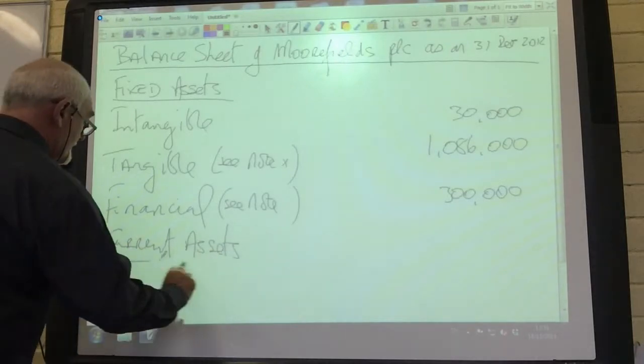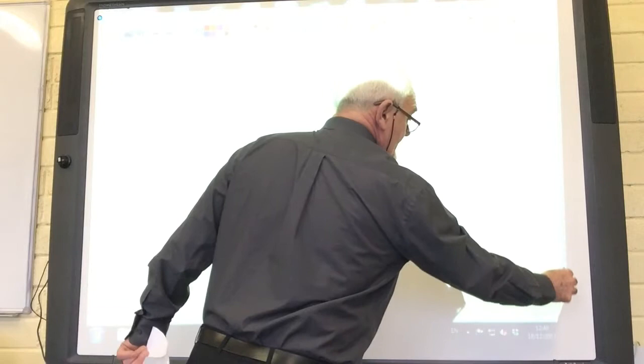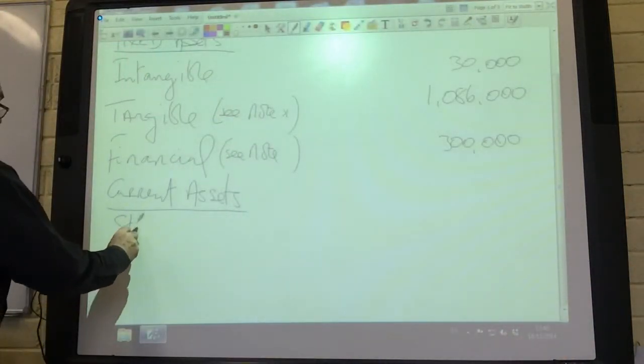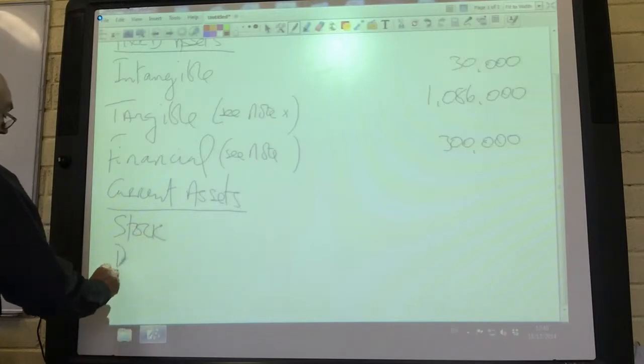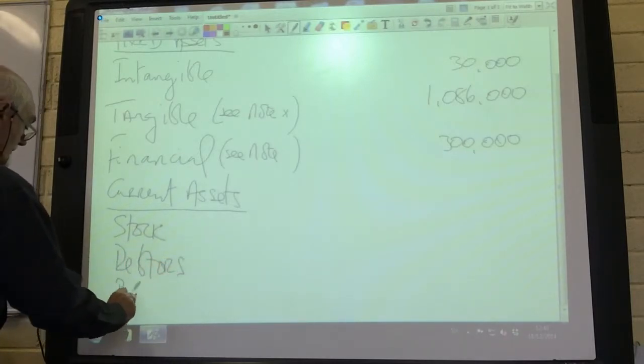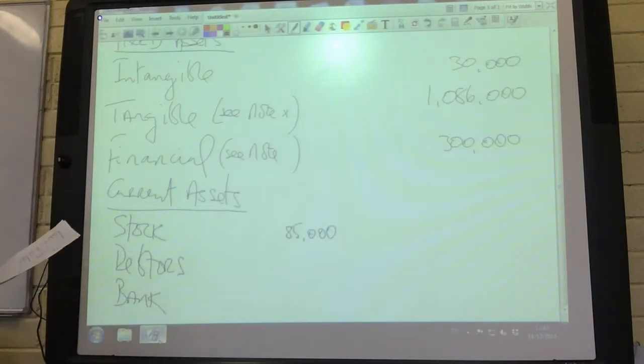And according to the Companies Act, in relation to current assets, we have just three categories. You have stock, debtors, and money, bank. We have stock worth 85,000.